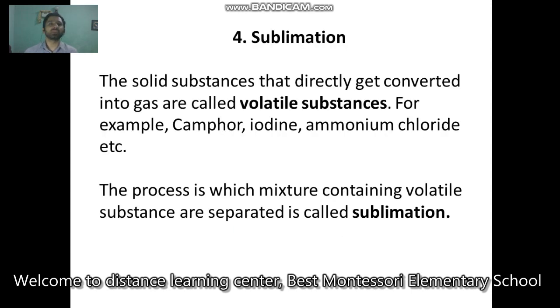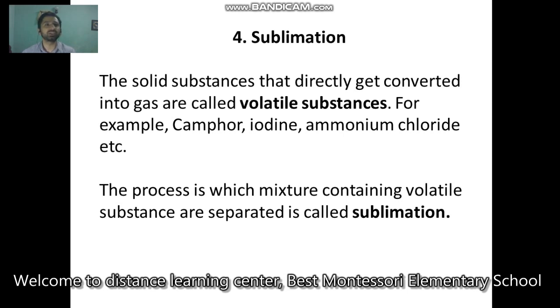Now the fourth one is sublimation, and before going to sublimation we have to be clear about volatile substances. Generally when we heat solid substances, they get converted into liquid. But volatile substances are those that get directly converted into gas from solid.